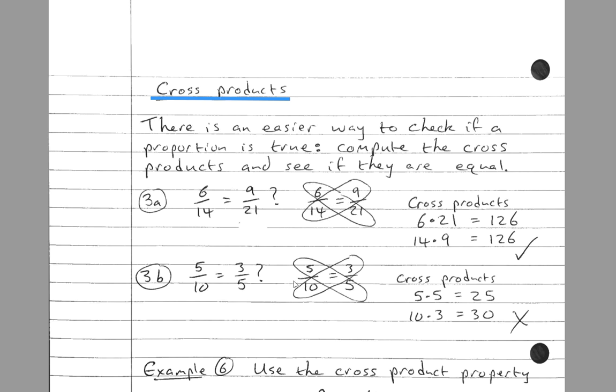But if the cross products are different, so here we're getting 25 and 30, those two cross products are different, that tells you that the proportion is false, so they're not equal. So this is the time that you do cross multiplying, when you're checking proportions.